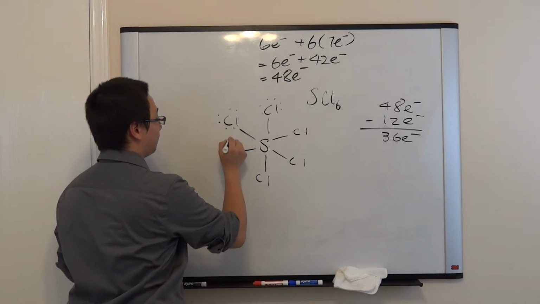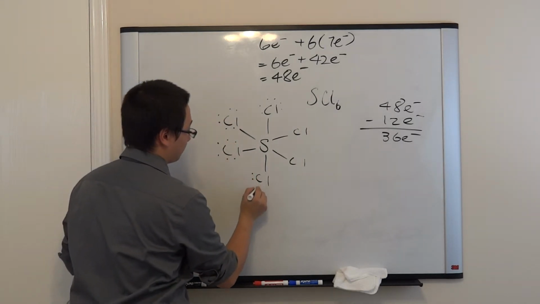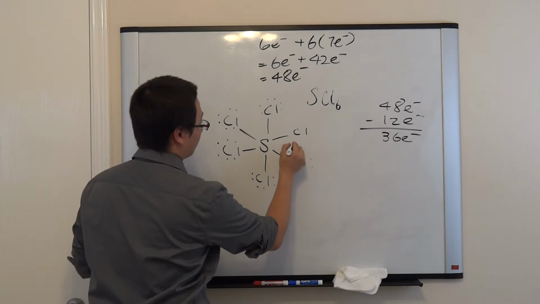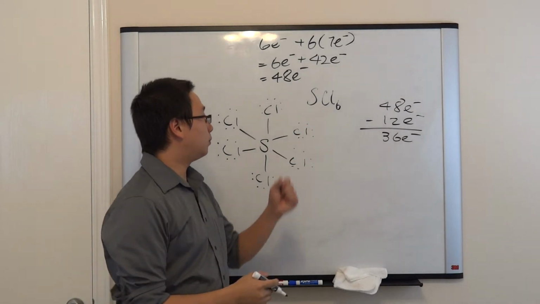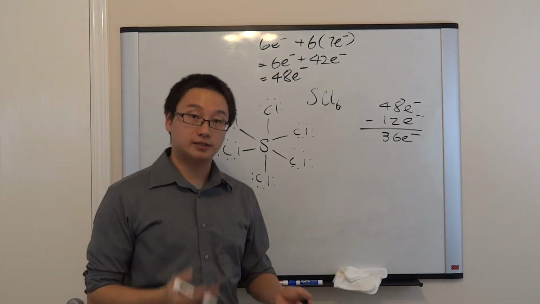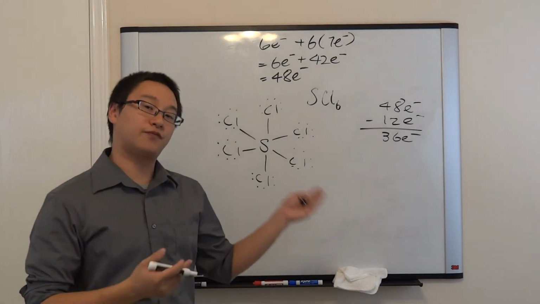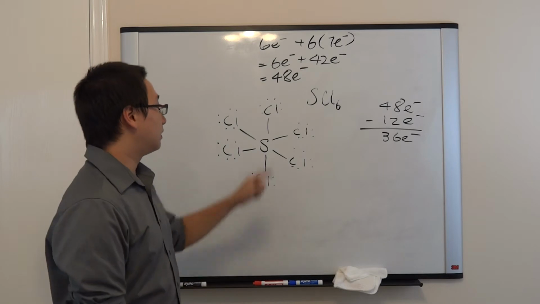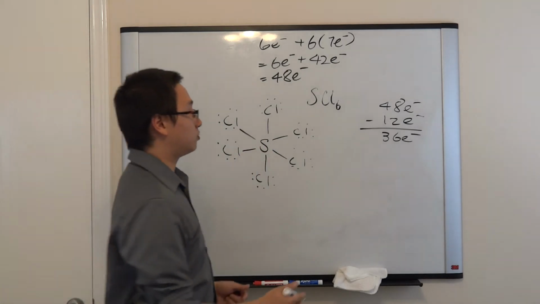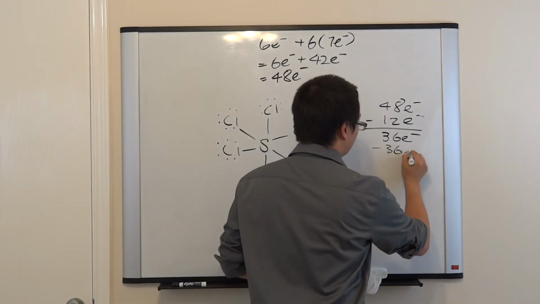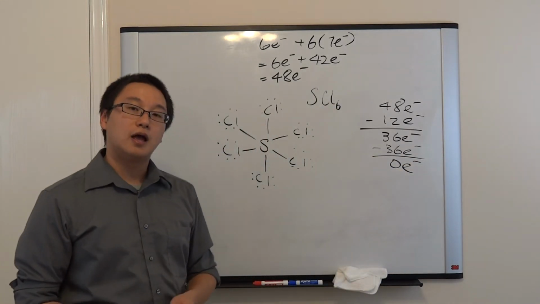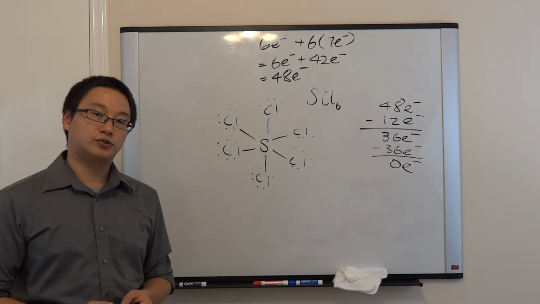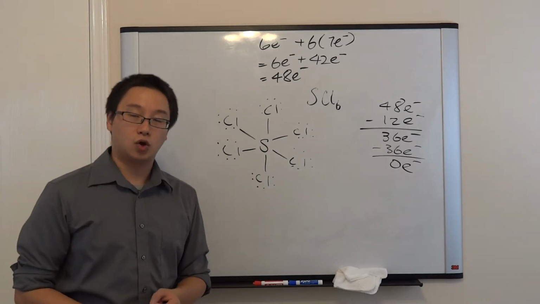Well, if you do the math, then we have drawn 36 electrons. Okay, 6 dots per chlorine atom, 6 chlorine atoms total. So we have drawn 36. And we have 0 electrons remaining. So this is the Lewis dot structure for sulfur hexafluoride.